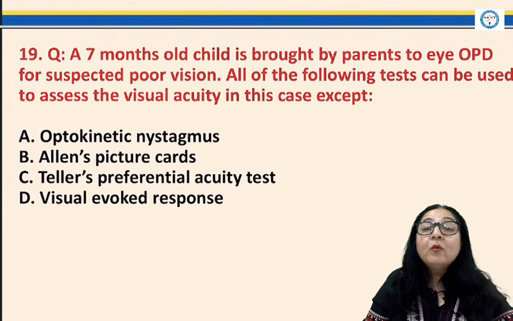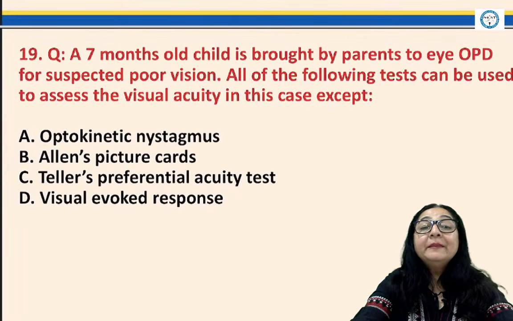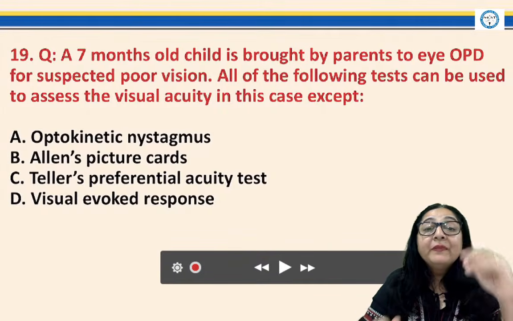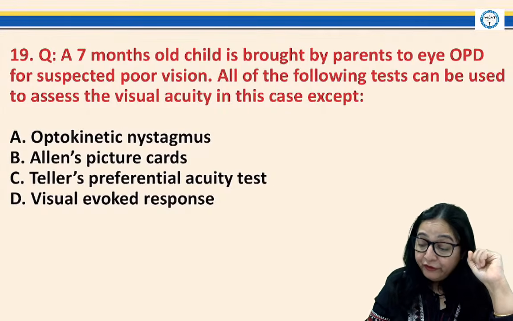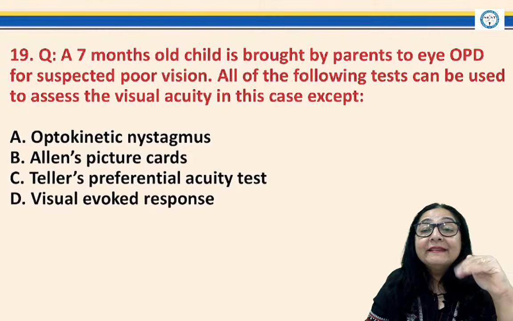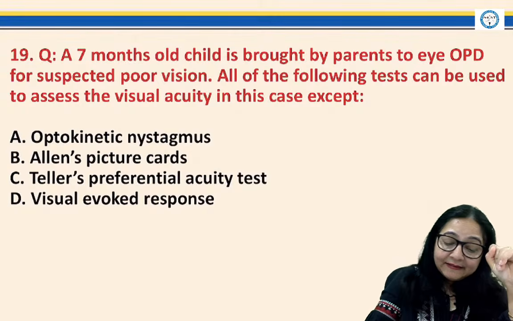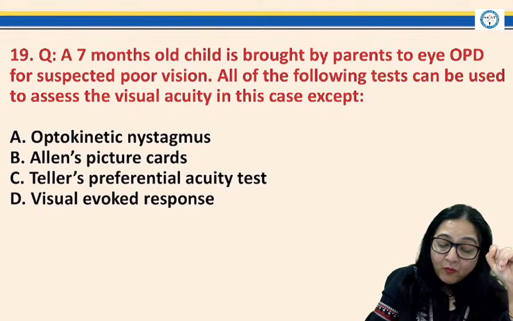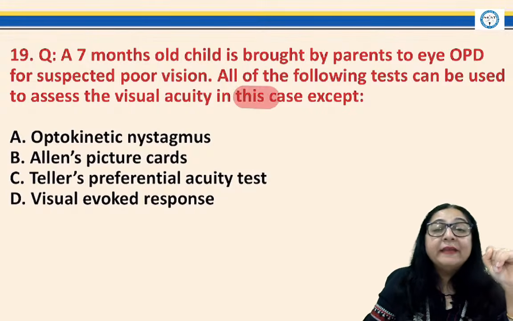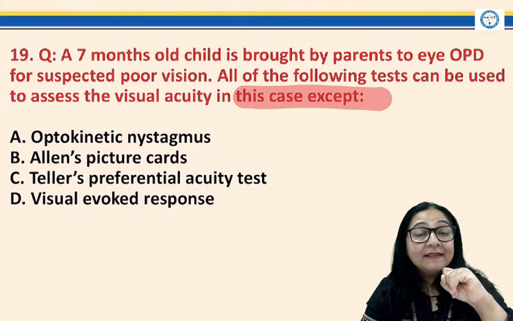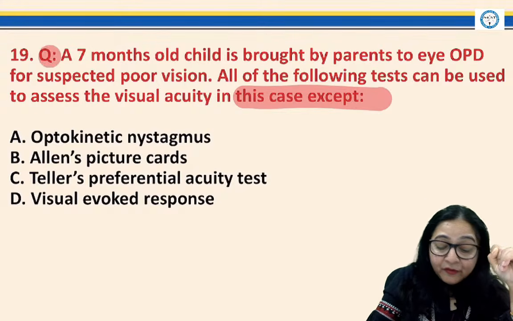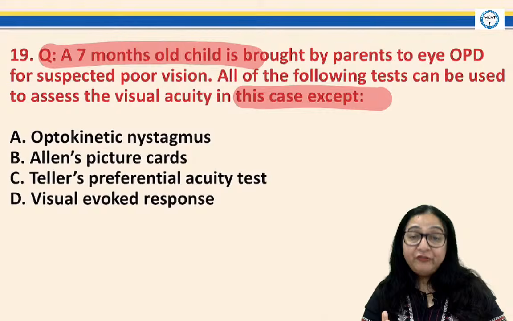A 7-month-old child is brought by the parents to eye OPD for suspected poor vision. All of the following tests can be used to assess the visual acuity in this case except. Okay. So basically what the question is asking is how to test vision in a 7-month-old child.